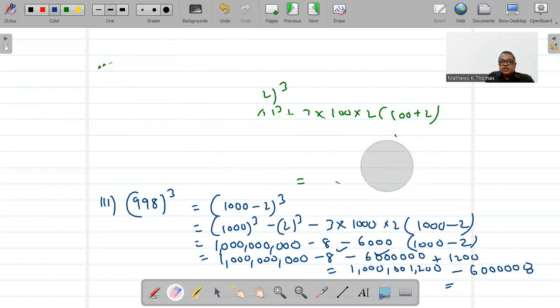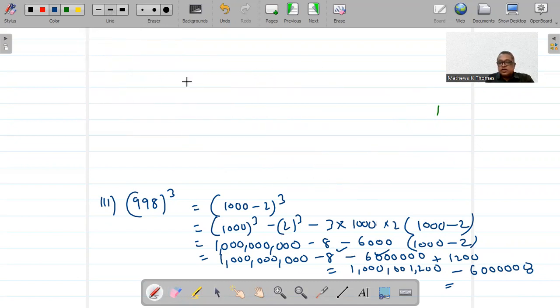So let me rewrite it here. In the end, what you are getting is 1, 2, 3, 0, 0, 1, 2, 00, minus 6, 1, 2, 3, 4, 5, 8, right? This is what we will get in the end.